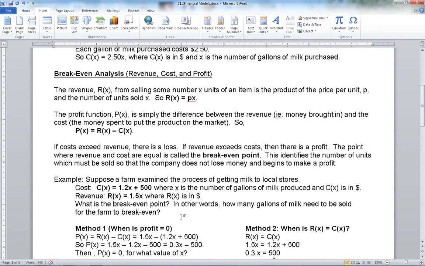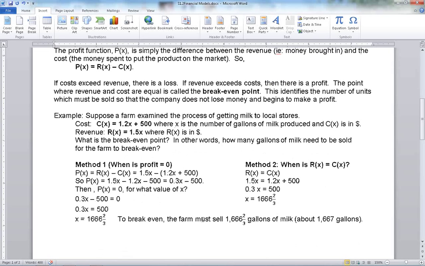Well, there are two ways to look at this. We can look at it as the profit being equal to zero. So we write the profit function as the difference in terms of revenue minus cost. So we would write 1.5x, which was the revenue, minus the function 1.2x plus 500. Now you have to distribute the negative, so be very careful here.